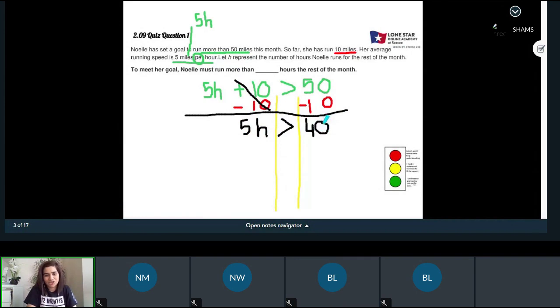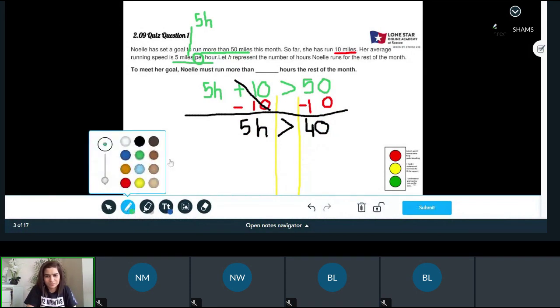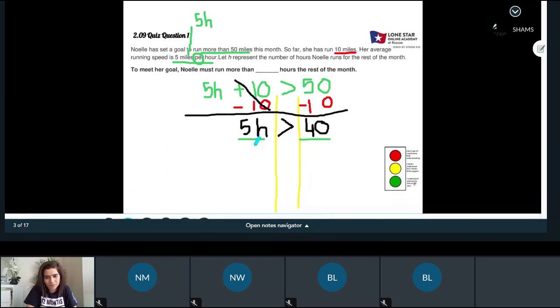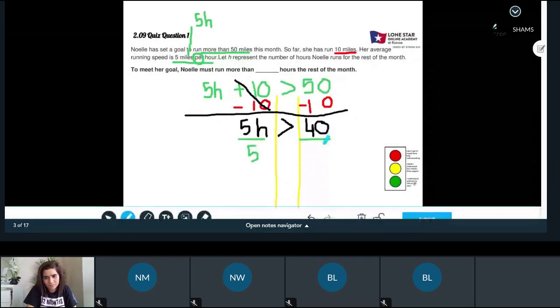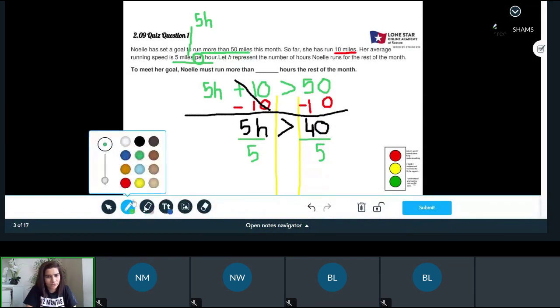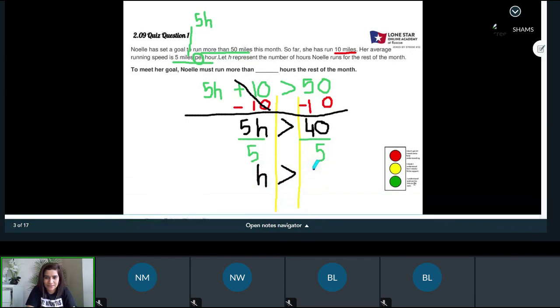You want to get h by itself, so you'll divide both sides by 5. And that will give you the value of h. So 5h divided by 5 gives you 1h. I will just say h. And that is greater than 40 divided by 5, that is 8.